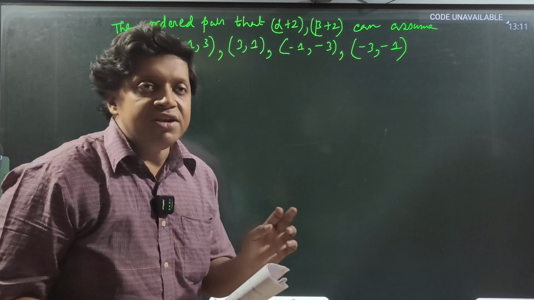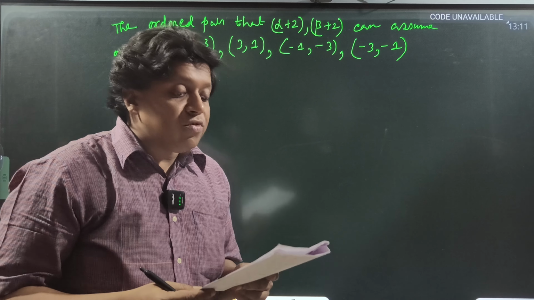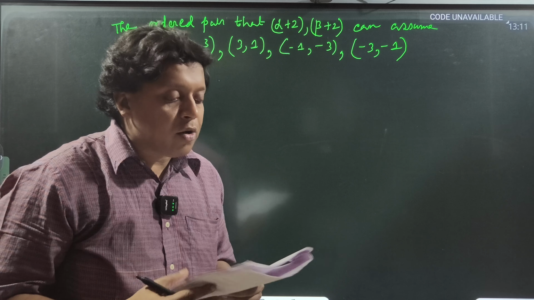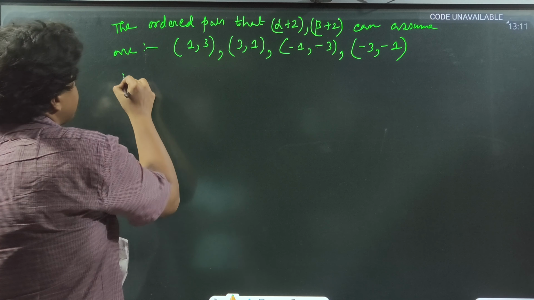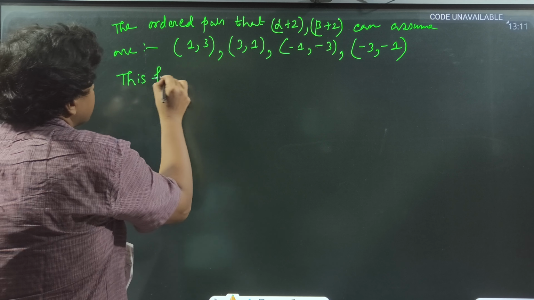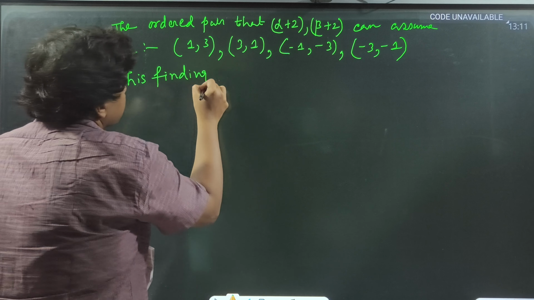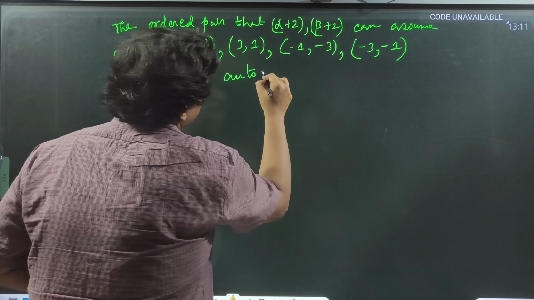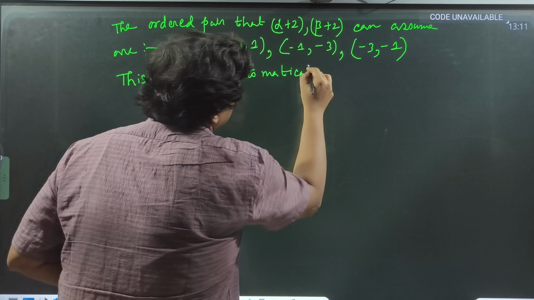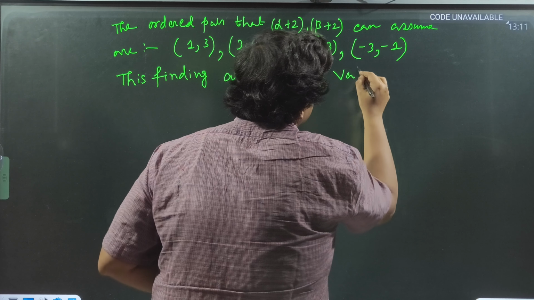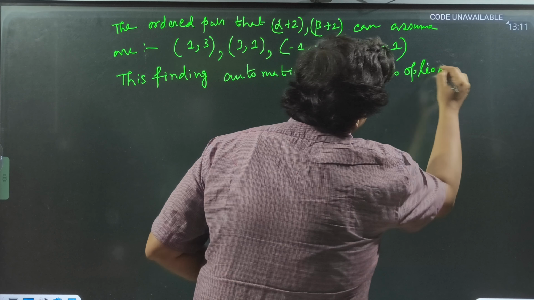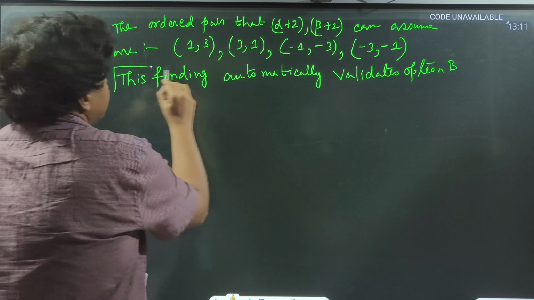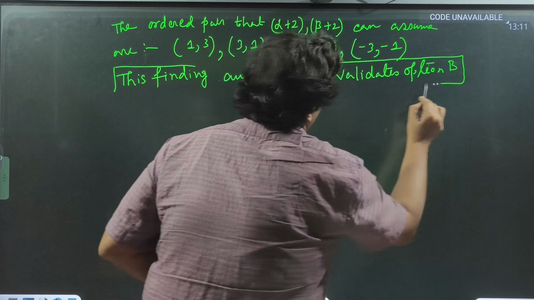So that is why option B, which states that both the roots of the equation ax square plus bx plus c equal to 0 are odd integers, is correct. So this finding automatically validates option B. So option B is one of the correct options.